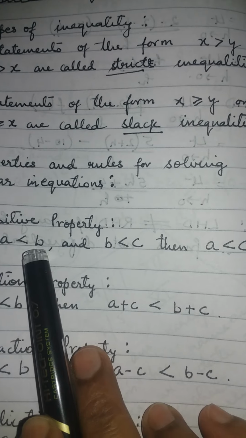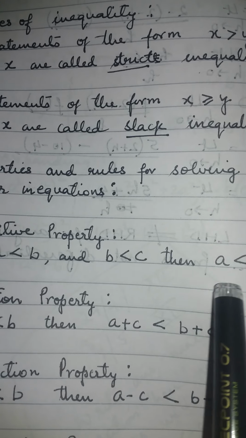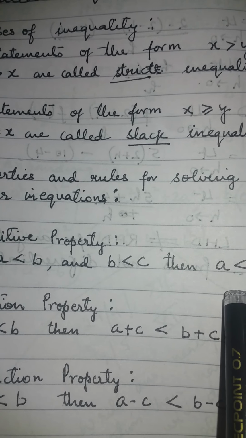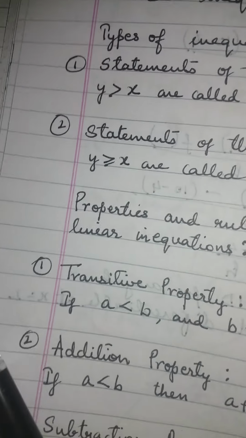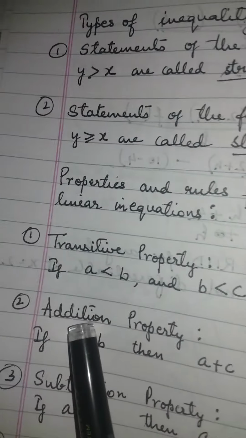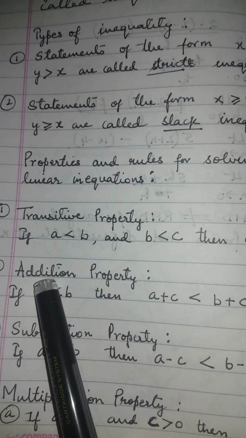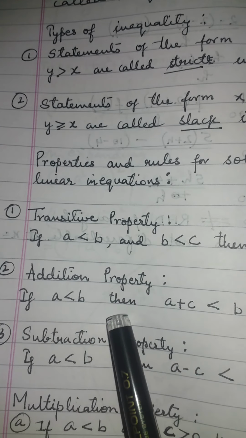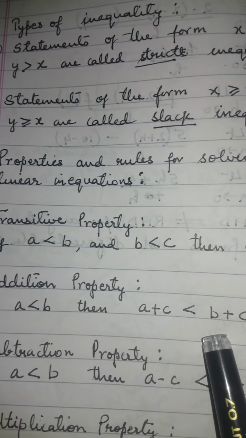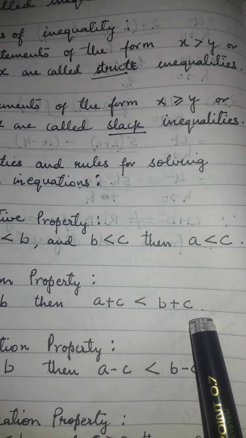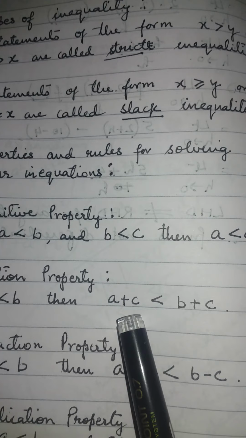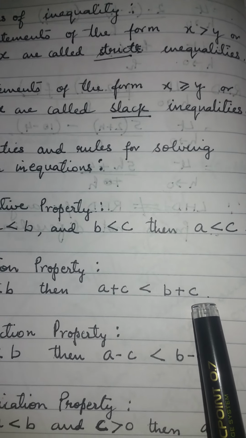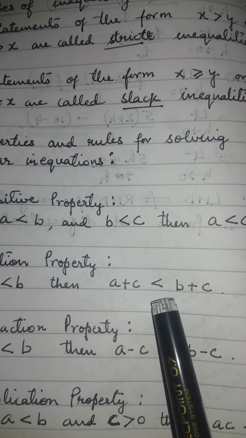If A is less than B, B is less than C, then A will be less than C. Then the next property is the addition property. In the addition property, if A is less than B, then A plus C will be less than B plus C. Meaning adding any constant quantity on both sides of an inequality will not change the sign.